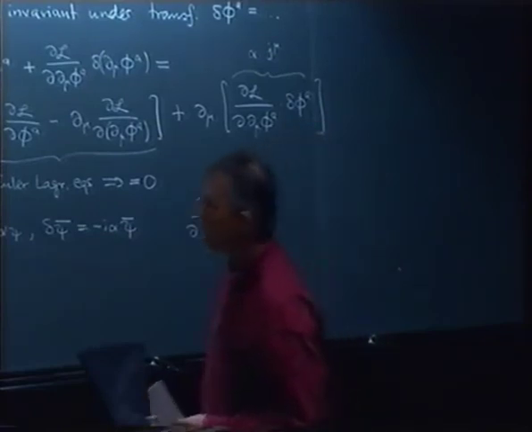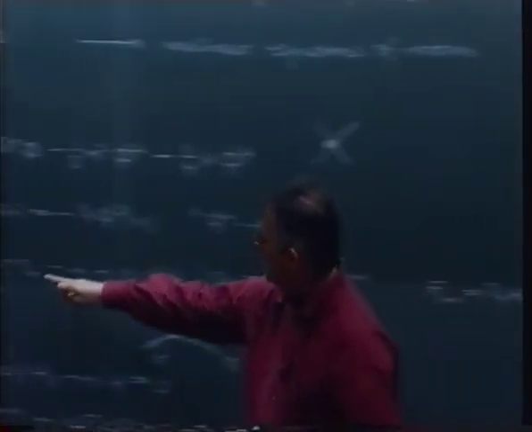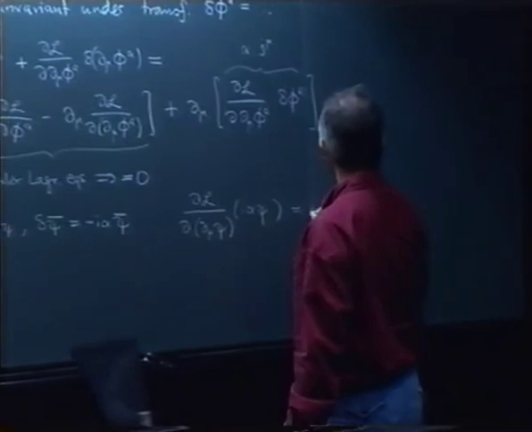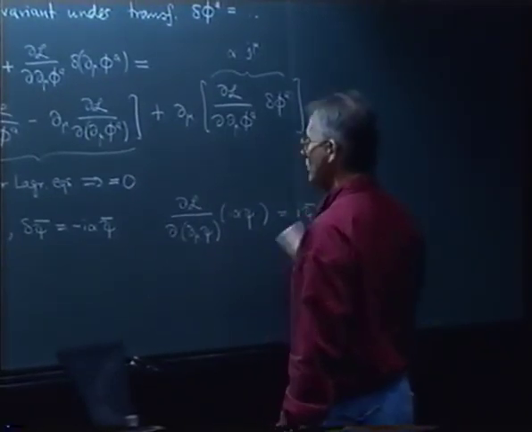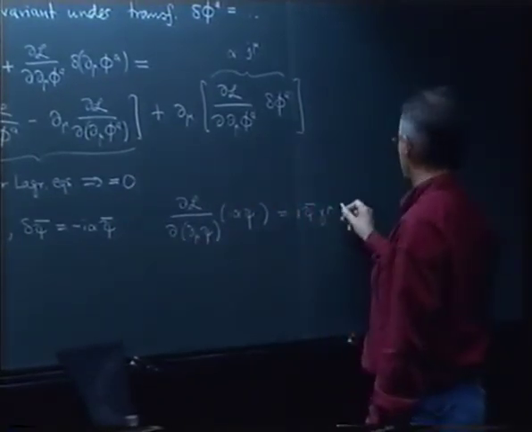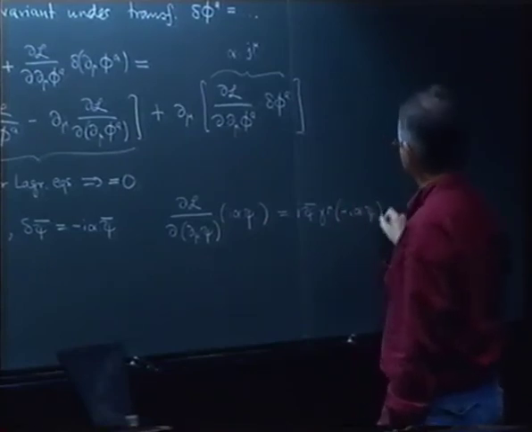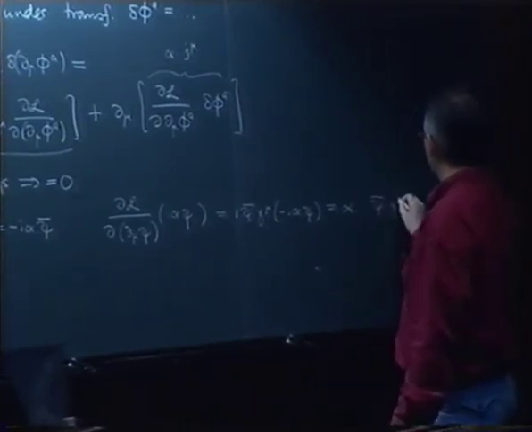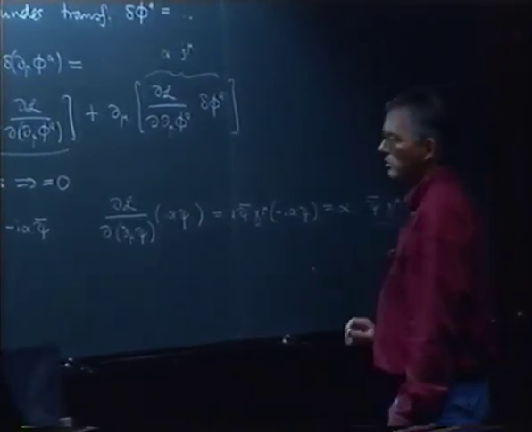And now when you do this variation with respect to this term d mu psi, so take the derivative, then you get psi bar i gamma mu, and this is multiplied by this thing. So here we have the parameter, which we can forget about, times psi bar gamma mu psi. And this, up to a factor, which we can always include, is precisely the conserved current which appears here.